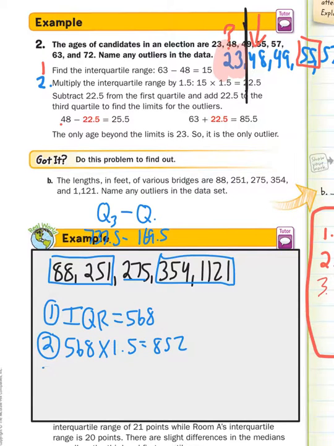Now step 3 is going to be to set my boundaries. For the lower boundary, I take Q1, 169.5, and I subtract 852.